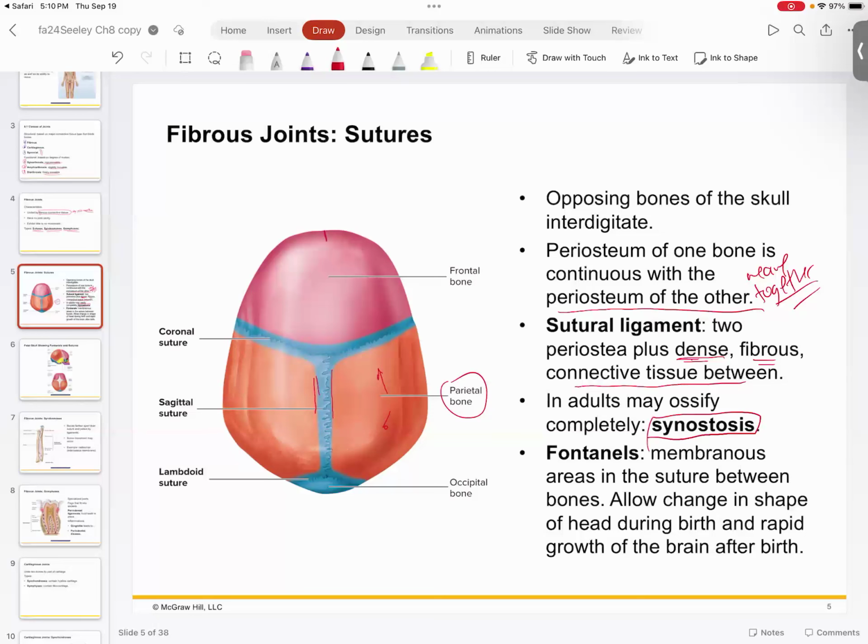It's basically a suture that comes together, and instead of being like the sutural ligament where you have an interweaving of the periostea, you have really bony matrix that gets laid down, and it essentially blends into each other and creates just one bone, and so you can't really see it that well.